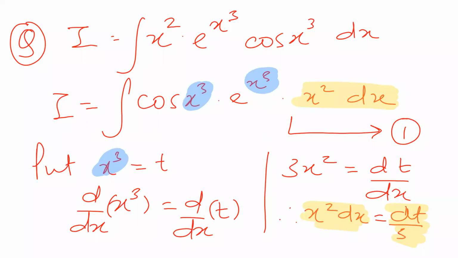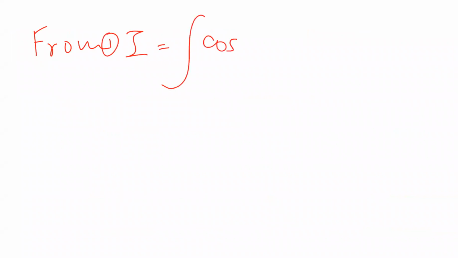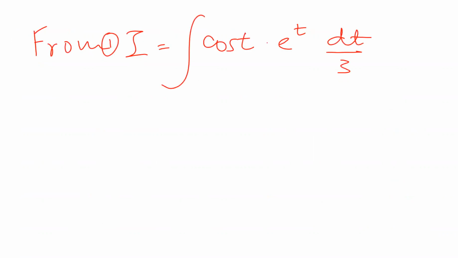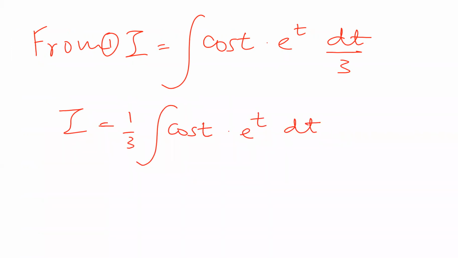Okay. So in the next step, from 1, I is equal to cos t e raised to t dt by 3. X cube became t. So I is equal to 1 by 3 cos t e raised to t.